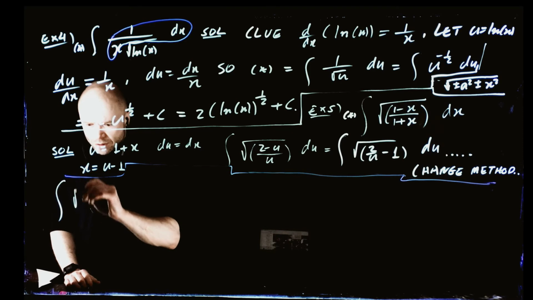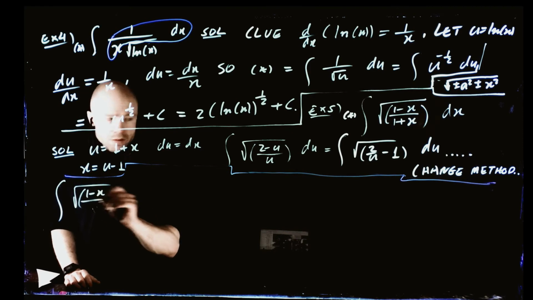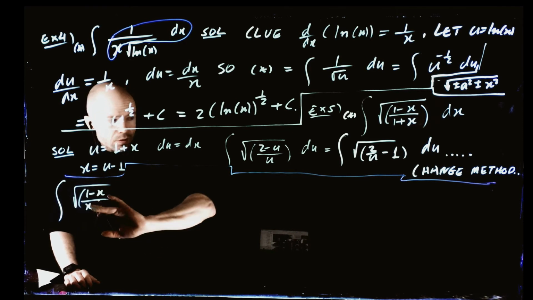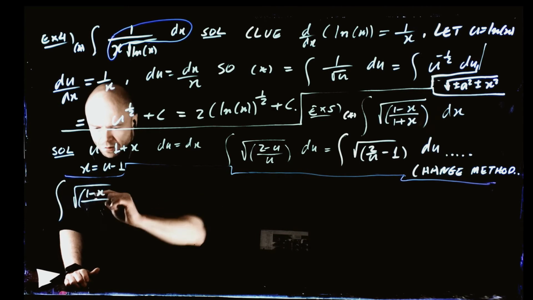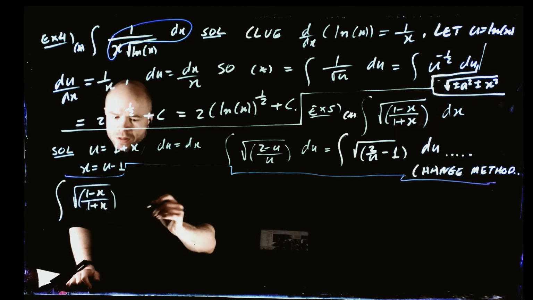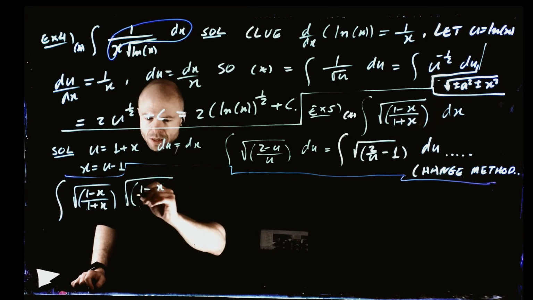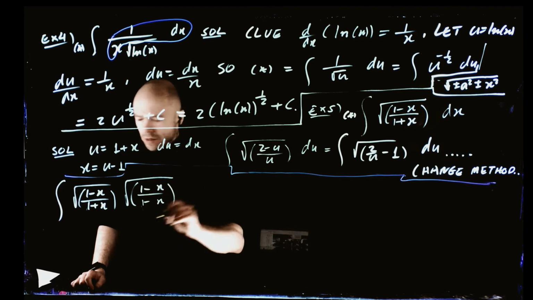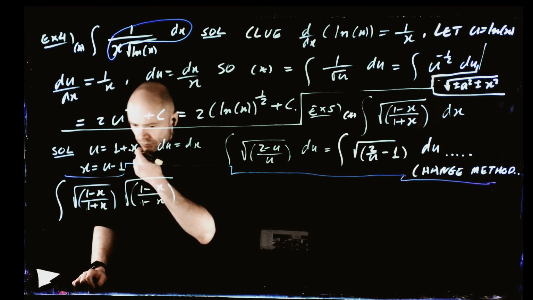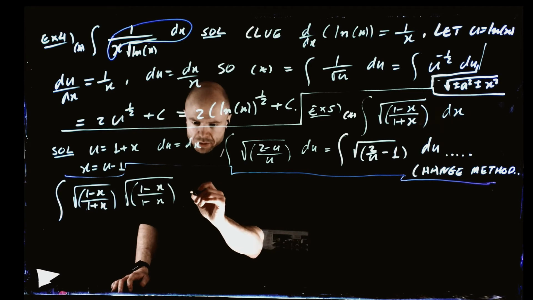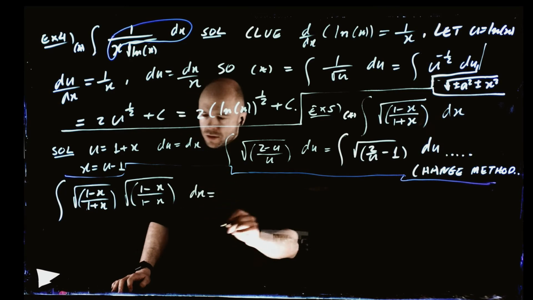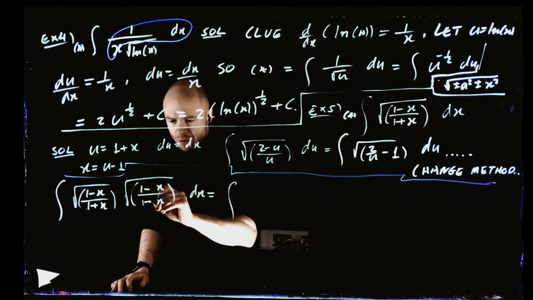So if we look at this guy, 1 minus x over 1 plus x, let's try this guy. Let's do 1 minus x over 1 minus x. If we do that, what happens? Then this is just multiplying by 1, right?